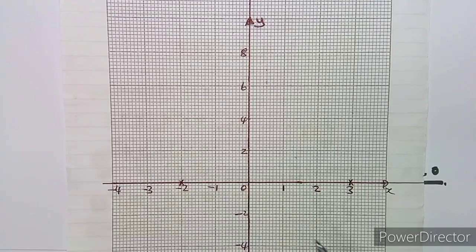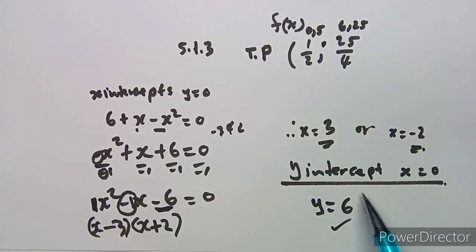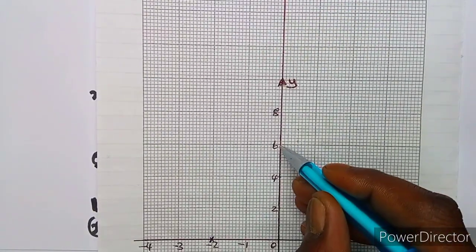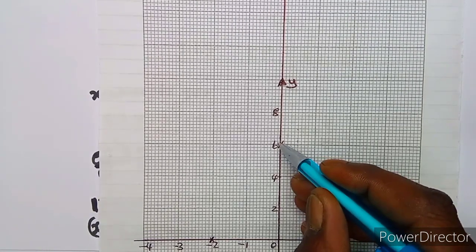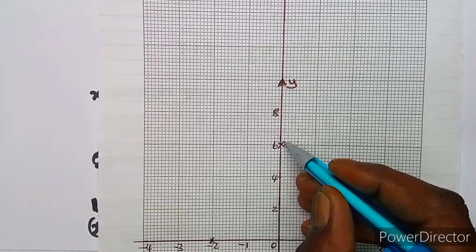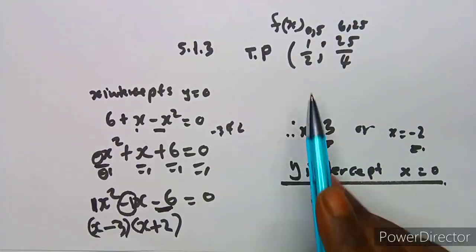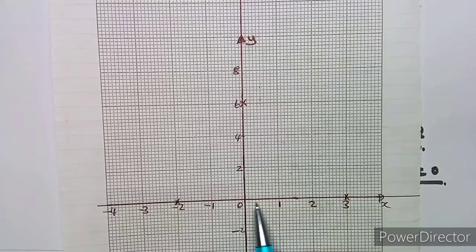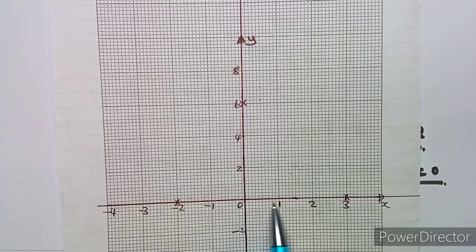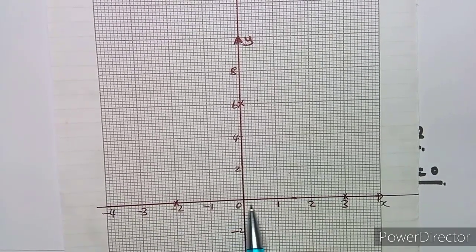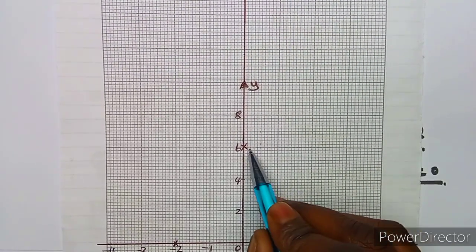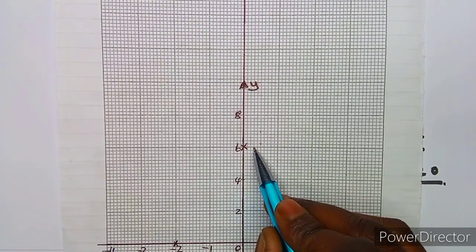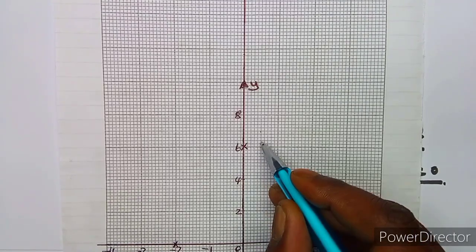Okay, then I'm going to mark the y-intercept, which is at 6. Y-intercept here at 6. Okay, then I'm going to mark the turning point at 0,5 and 6,25. So 0,5, somewhere between 0 and 1. Okay, yeah, in between. So it's going to be somewhere here.